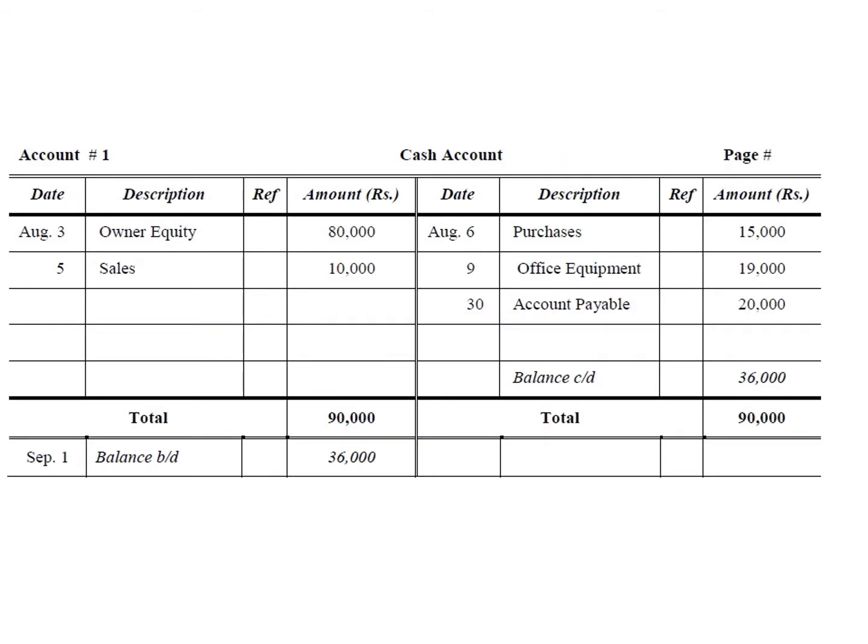This is one ledger account. The left side is a debit and the right side is a credit. We will be preparing this kind of ledger with different accounts in the upcoming session.